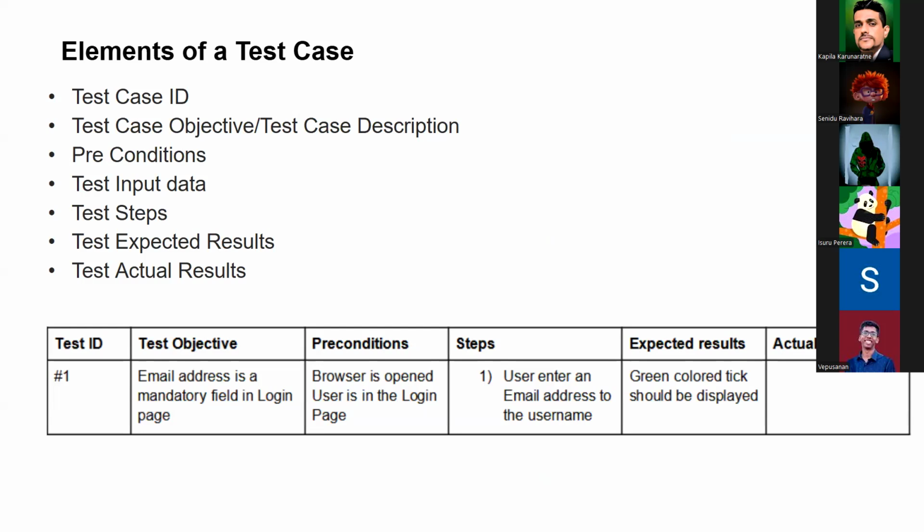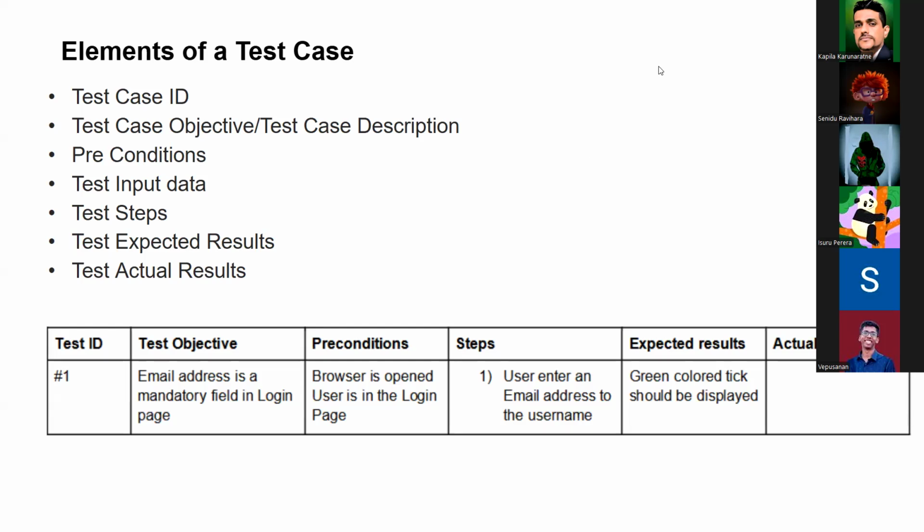Then precondition. If you are going to do this, what are the preconditions? Basically, you need to have a browser and you should have opened the login page, something like that, right? Then steps: you enter the email address in the username field. If we have multiple steps, like entering the username in this format, clicking on the login button, clicking on the cancel button, all this comes as steps.